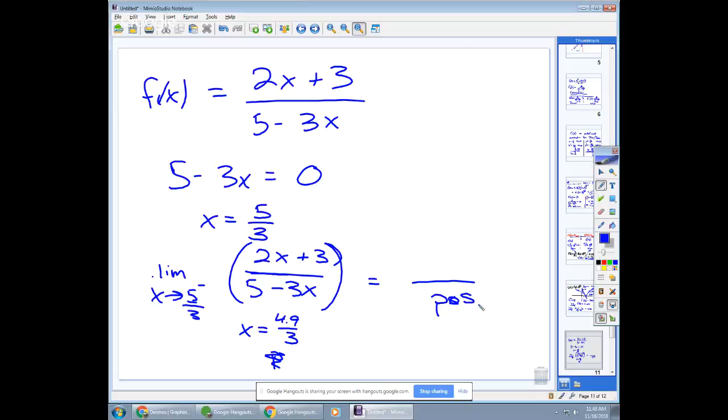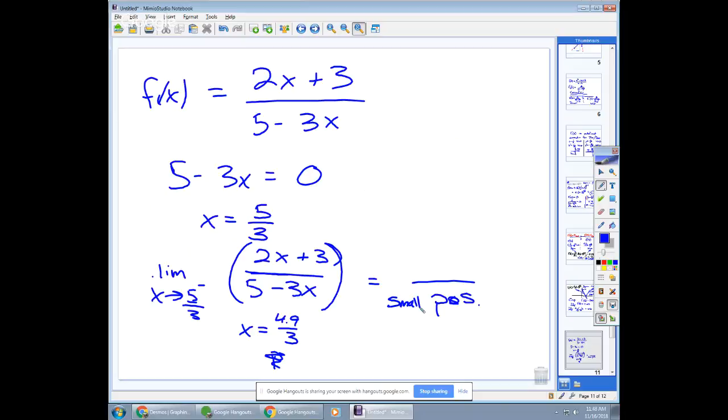Now, the other thing is I'm trying to get close to 5 thirds, right? So that means this number is going to be close to 0. There's going to be a small difference. So I have a small positive number in the bottom. In the numerator, I plugged in something close to 5 thirds. I multiplied by 2 and added 3. So that's roughly going to be 10 thirds plus 3.